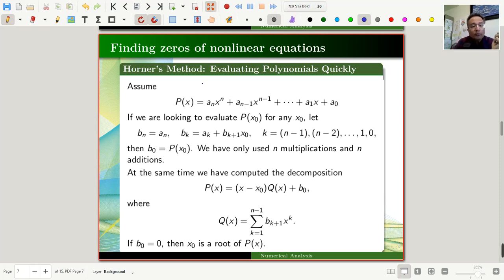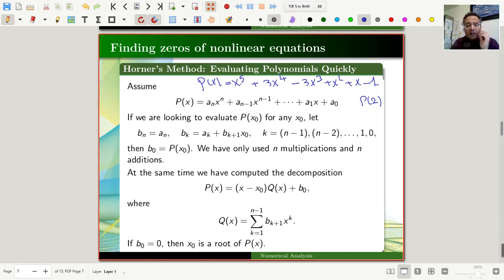Let me show you an example. Consider p of x equal to x^5 plus 3x^4 minus 3x^3 plus x^2 plus x minus 1, and you want to compute, for example, p of 2.